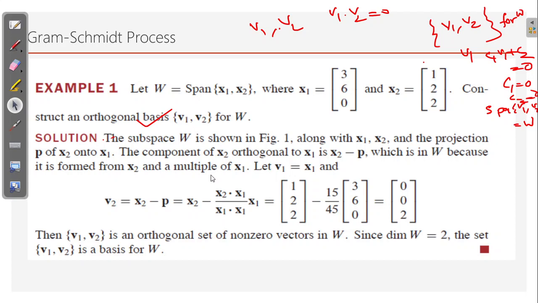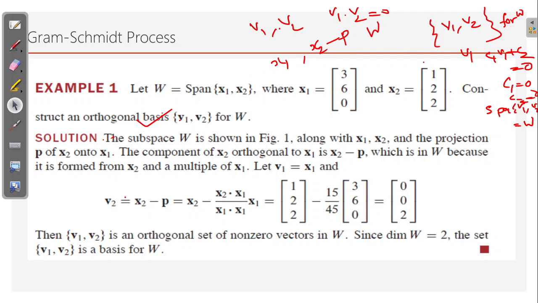We have two vectors, x1 and x2 minus p, which are orthogonal to each other, so they are an orthogonal set. Also they span W, so they form a basis for W. So we will equate v1 and v2 with x1 and x2 minus p, which satisfy all the axioms for an orthogonal basis.